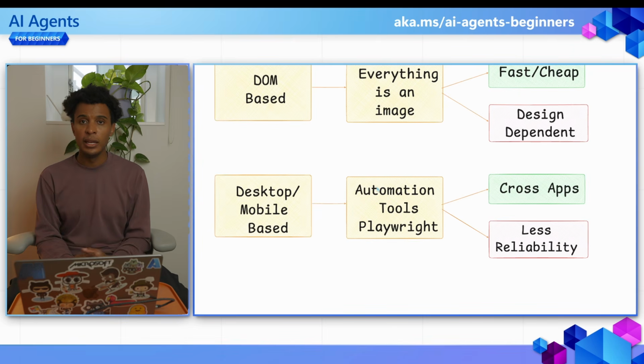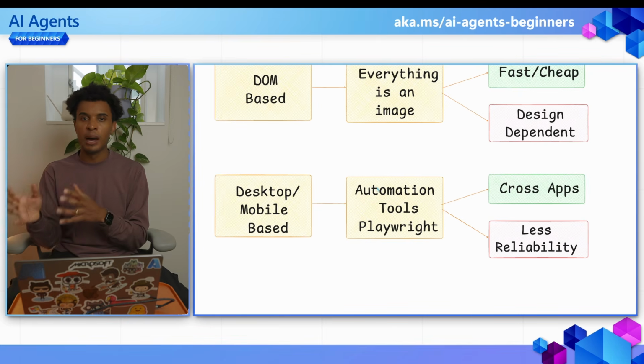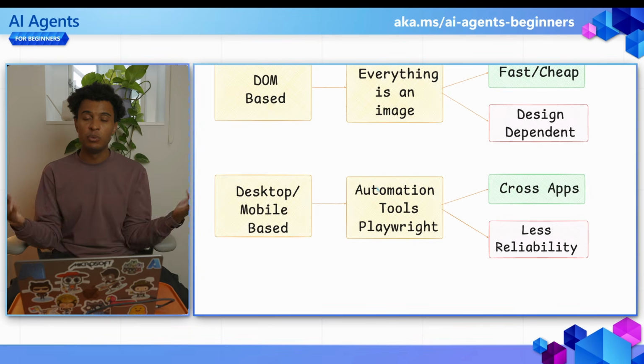What you'll find in reality, especially with rather larger computer use agent applications, is actually a blend of these things. When you're out there building your own solutions, you shouldn't necessarily commit to one of these, but you probably want to start with one and see how well it performs, and then maybe blend things, and maybe even have some sort of smart routing for when you need an image-based computer use agent or a DOM-based agent, and swap those out.